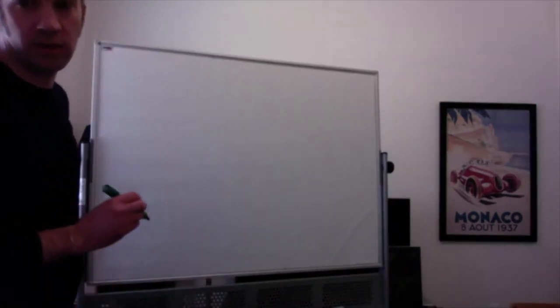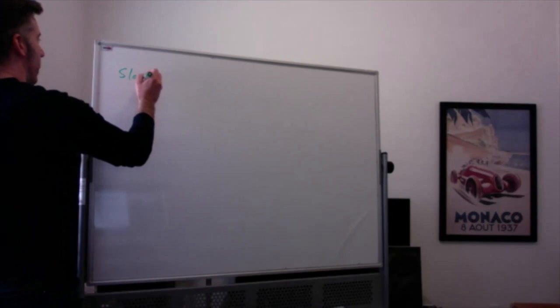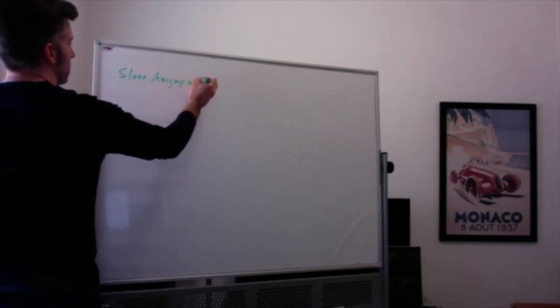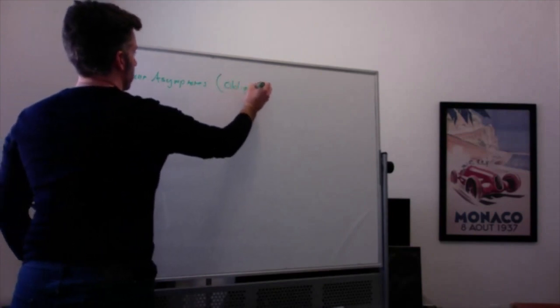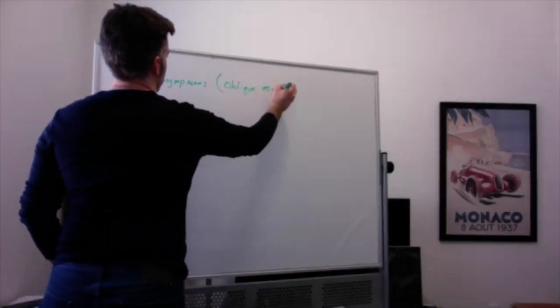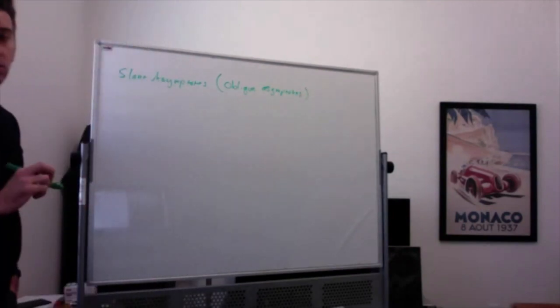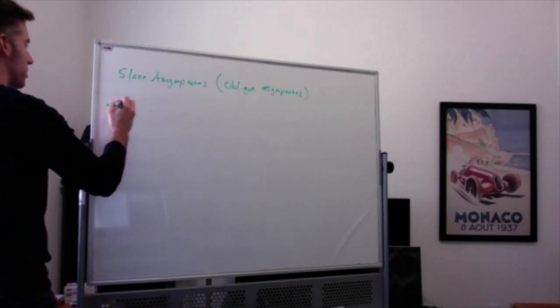Let me write another thing here. Slant asymptote, it's also called oblique. Oblique asymptotes. So you get a slant asymptote or an oblique asymptote in the following case.